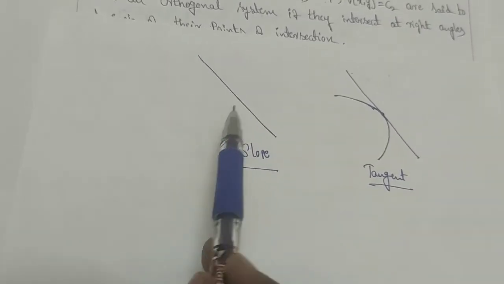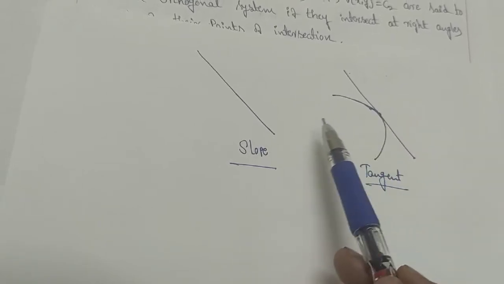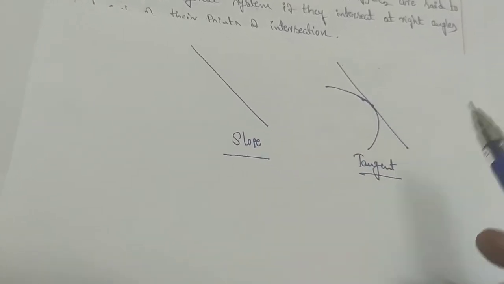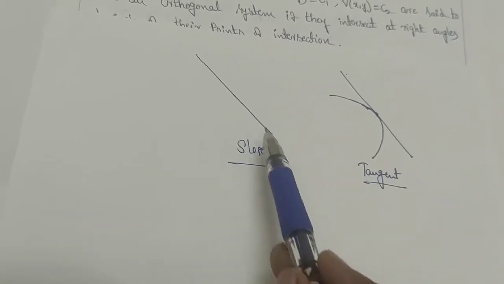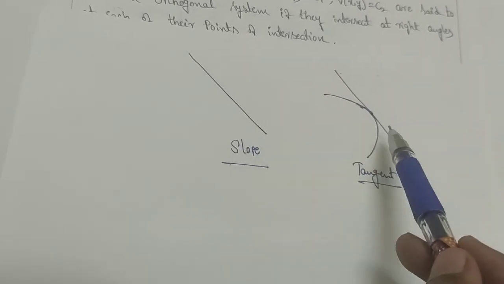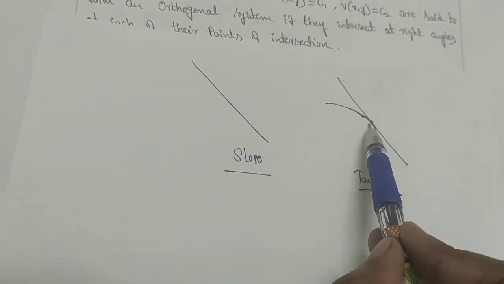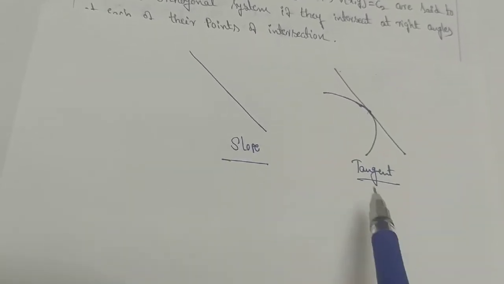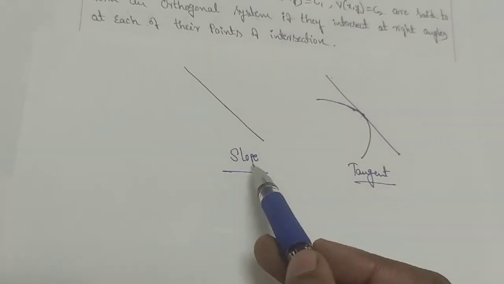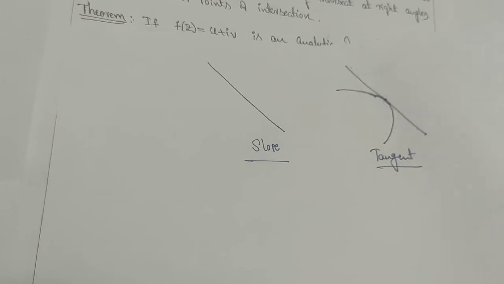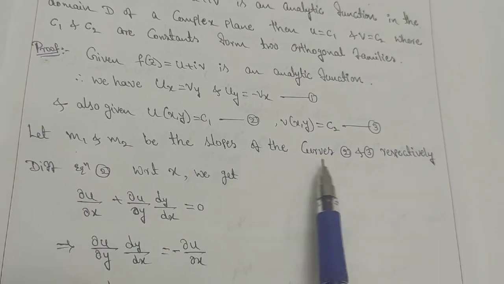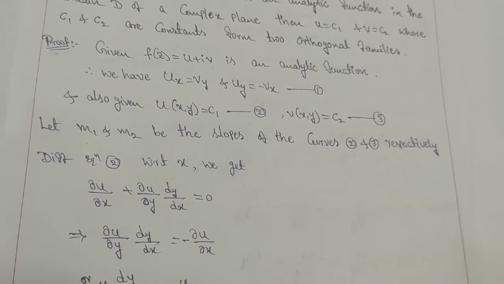If this slope touches the curve at some point, then we will get a tangent. This is the difference between slope and tangent. I am considering two slopes, m1 and m2, of the curves, equation 2 and 3 respectively.